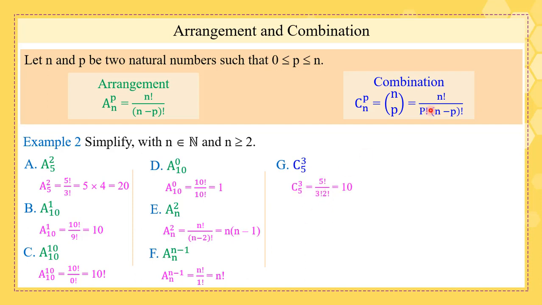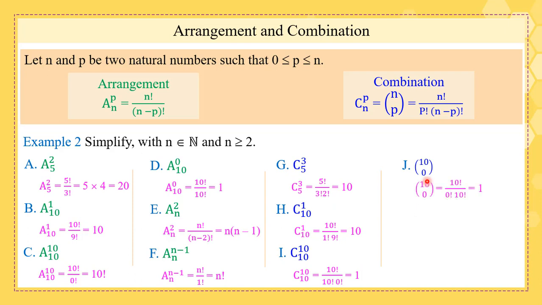We also apply this definition: C(5,3) is 5 factorial over 3 factorial times the difference between 5 and 3 factorial, and this would be 10. C(10,1) would be 10 factorial over 1 factorial times 9 factorial, which is 10, and C(10,10) would be 1 by simple calculation. And if we use this notation, this is what we get.